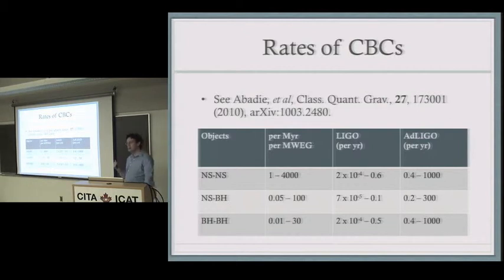Because we accumulate our signal to noise coherently, if our sensitivity goes up by a factor of 10, we are a factor of 10 more sensitive in amplitude, not energy, but amplitude of the signals, which means a factor of 1,000 more sensitive in volume. So roughly speaking, this column is about 1,000 times this column. And you can see that we're starting to talk about serious numbers here.